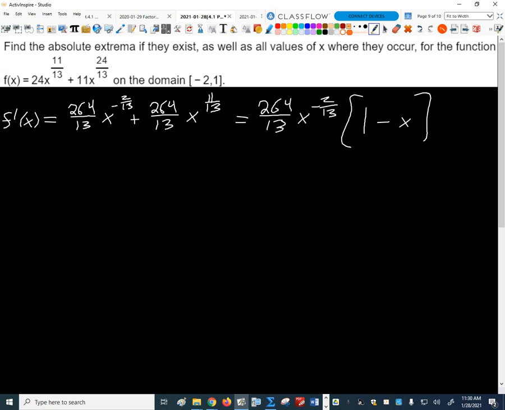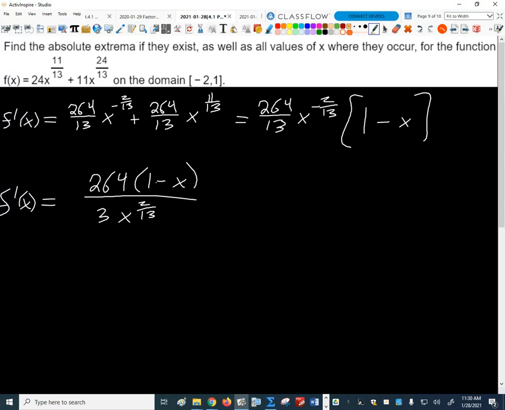And then if I rewrite this now as one big fraction, I'm going to get on the top 264 times the quantity 1 minus x divided by 13 x to the 2/13. So there's my f prime.